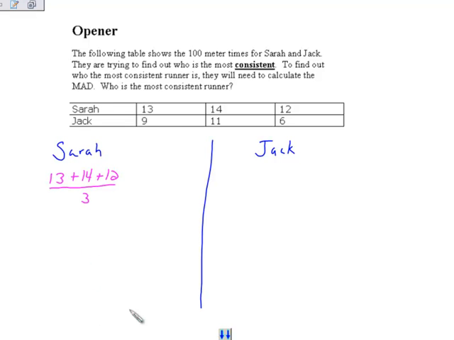Let's look at Jack. We're going to do the exact same thing for Jack. So Jack had 9, 11, and 6. So I'm going to take 9 plus 11 plus 6, then divide by 3. So I'm going to have Miss Spiteri stop this tape right now, and I want you to calculate that on your own.